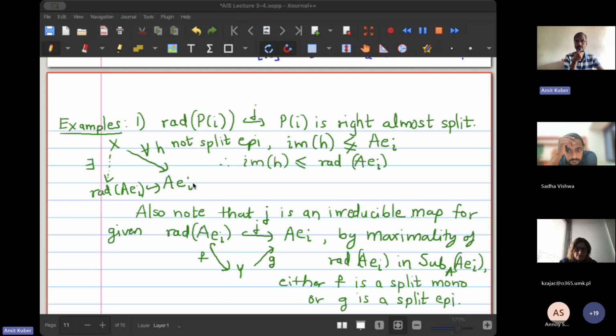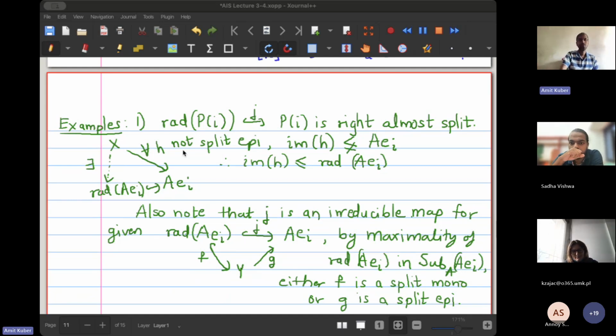There is brain fog for the audience. Okay, so just remember that AEI or PI is a projective module. So any epimorphism splits. So therefore, if it is not a split epimorphism, it is not an epimorphism itself.